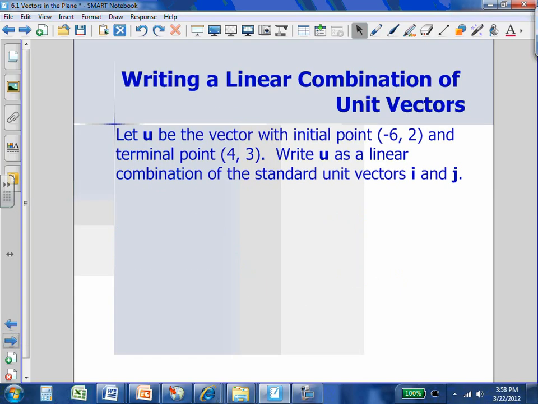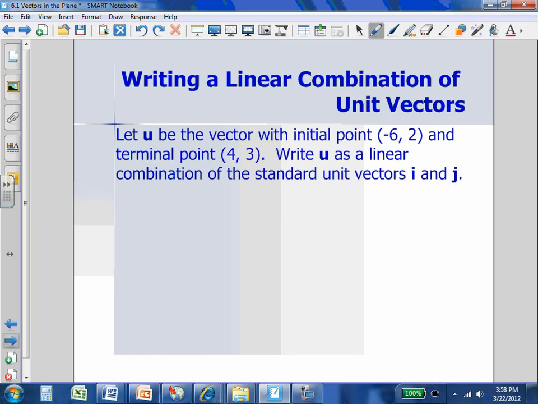Okay, now we're going to take a vector and write it in terms of a linear combination. So let u be the vector with the initial point -6, 2, and terminal point 4, 3. Then write u as a linear combination of the standard unit vectors i and j. So if you need to draw these out, go ahead, but you can also do just the head to tail method.